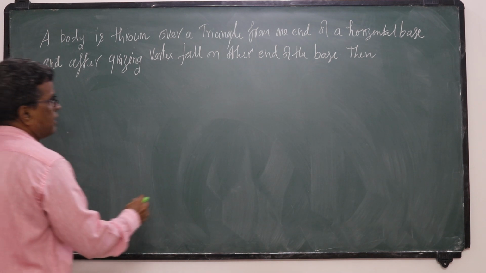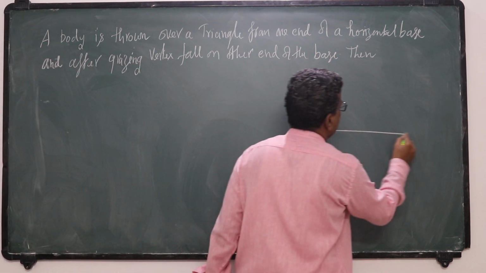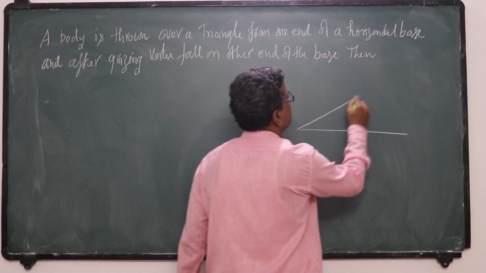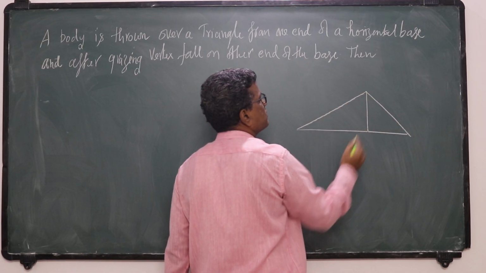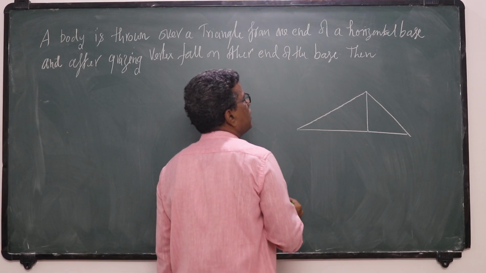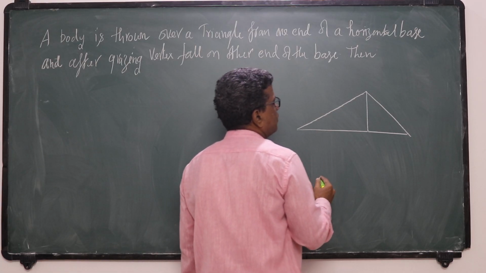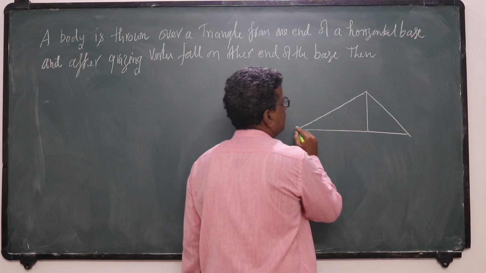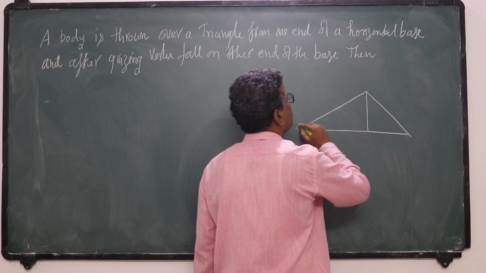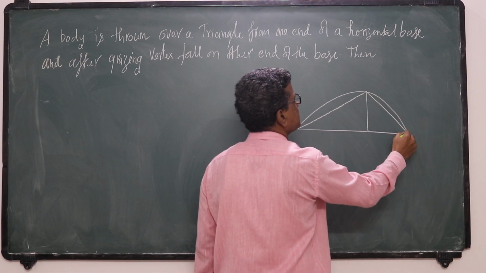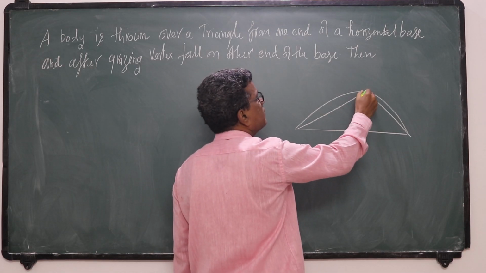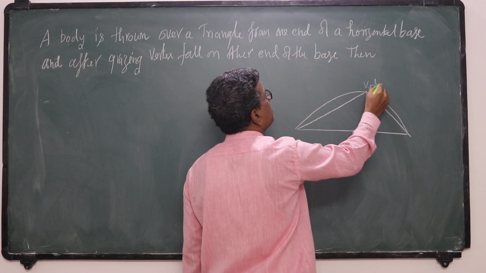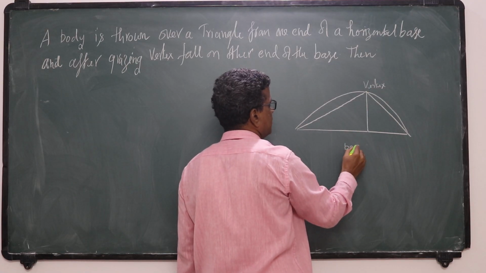The diagram is given. So there is a triangle. The stone is projected like this. It grazes the vertex of the triangle, and this is the base of the triangle.